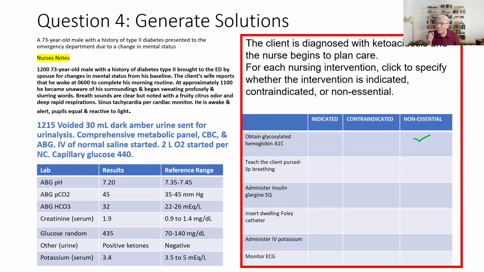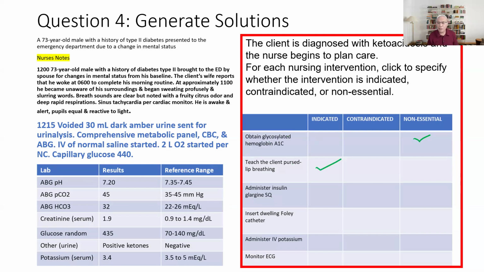It's an intervention to slow down the pace of breathing. So it's effective for anyone that is experiencing respiratory distress. Always remember that. So we would like this as an indicated intervention.